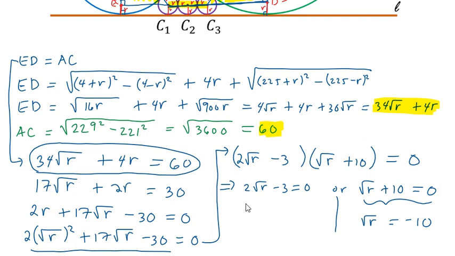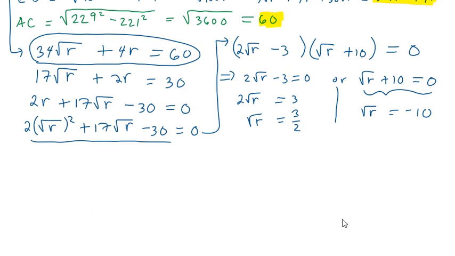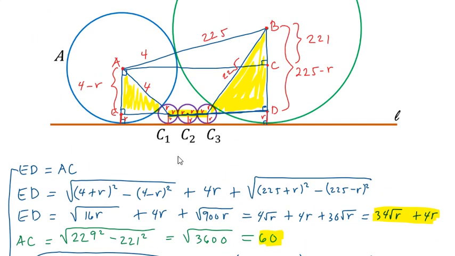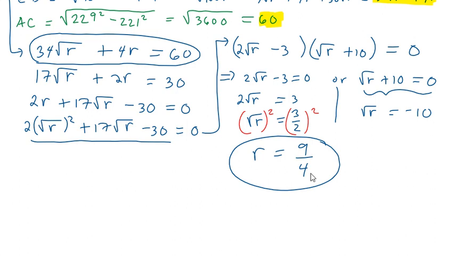We have 2 square root of r equals 3. And if we divide both sides by 2, we get square root of r equals 3 halves. Now, let's square both sides. And finally, we get r equals 9 over 4. This is now the common radius of C1, C2, and C3. Okay, 9 over 4 units.